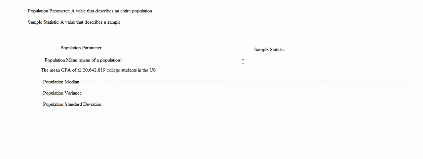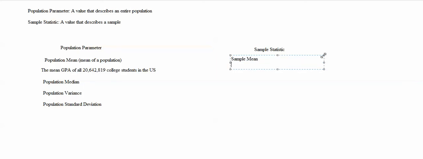What about sample statistics? All of these values here are called sample statistics if they're calculated with data from a sample and not from an entire population. So a sample mean would be a sample statistic.